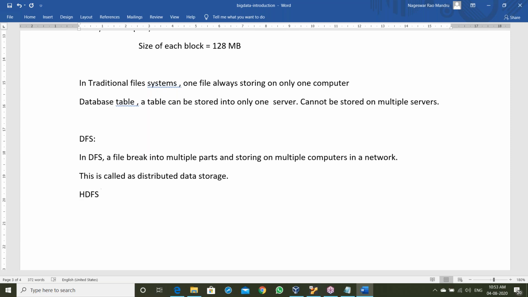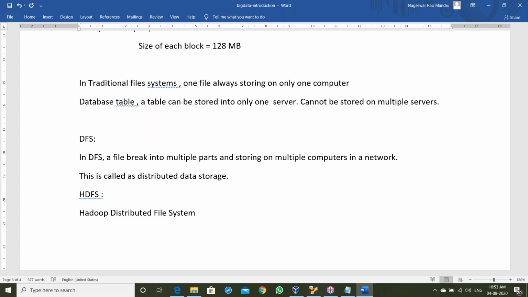Next, what is HDFS? Let us see. HDFS is the Hadoop Distributed File System. So what happens in the Hadoop Distributed File System?